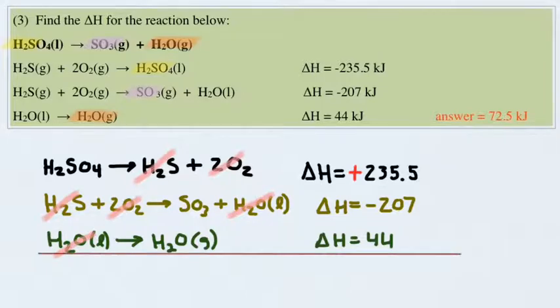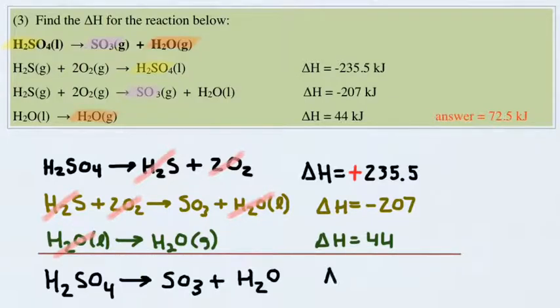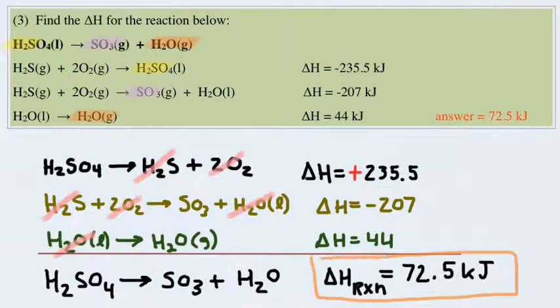And now if we add these three equations up algebraically, we should get the reaction that is shown above. And if that's the case, then we can also add up all the enthalpy values as well, the heat values, and just paying attention to the positive and negative signs, we get that this reaction is going to be a positive 72.5 kilojoules. So it's an endothermic reaction.